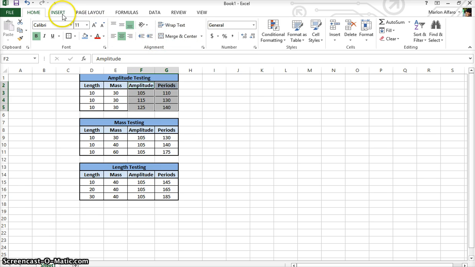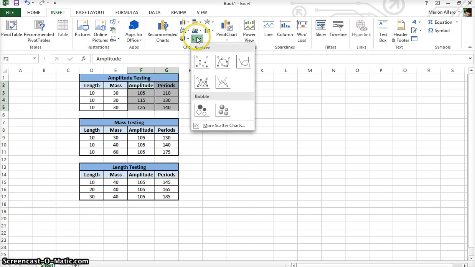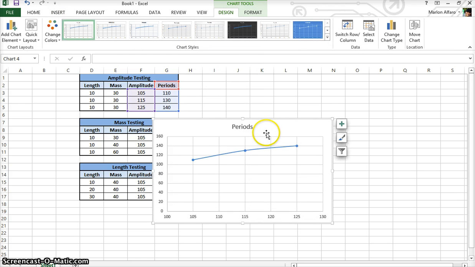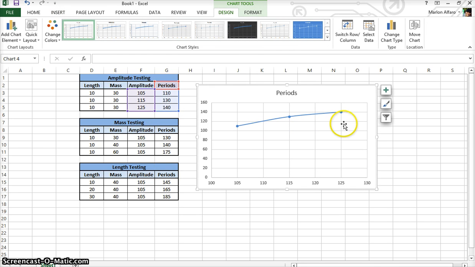So if you go there and then go to insert, graph, you see that the first graph is my periods with my amplitude. I know this because these numbers right here are my periods, and these numbers on the x-axis are my amplitude.